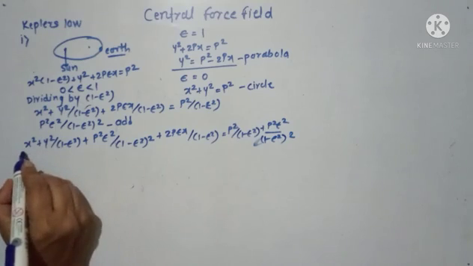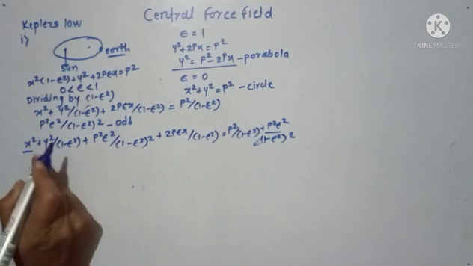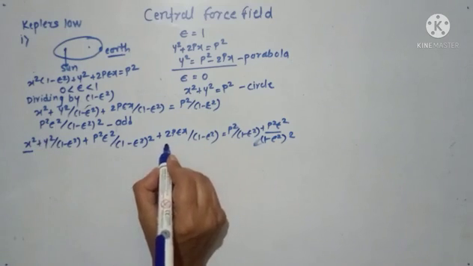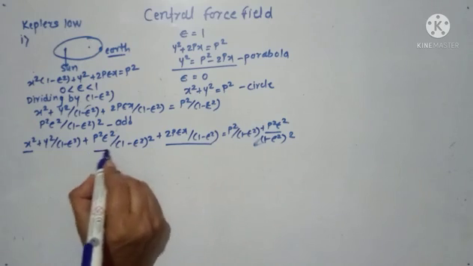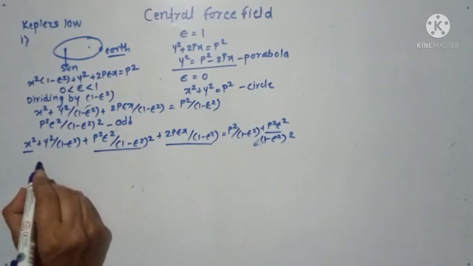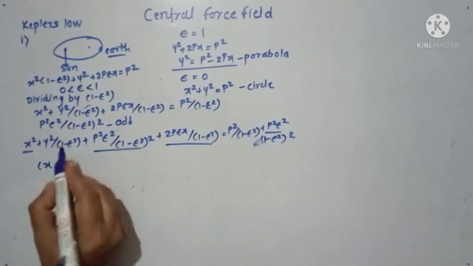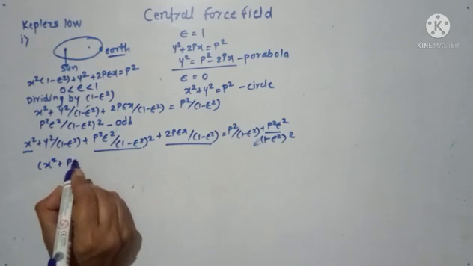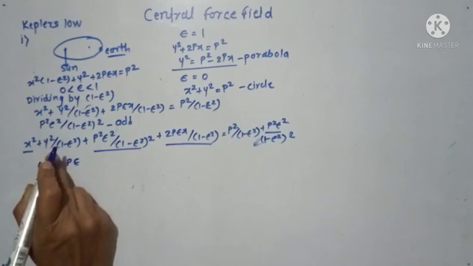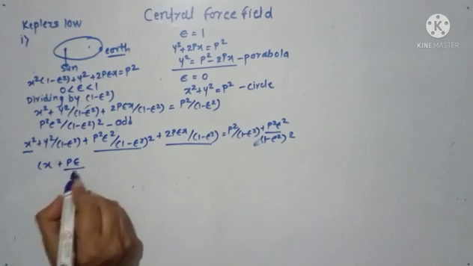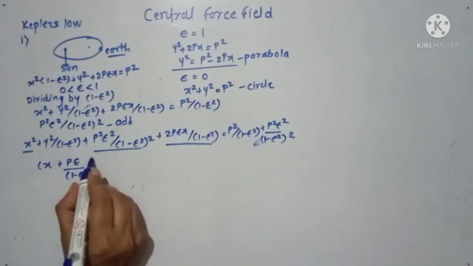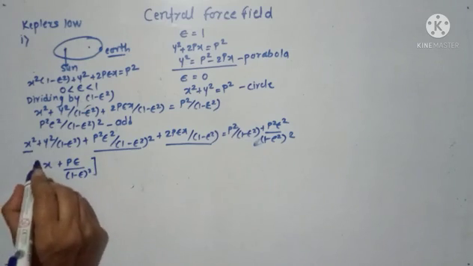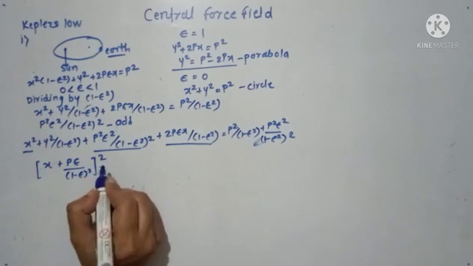So this is the square of (x + pε/(1 − ε²))².